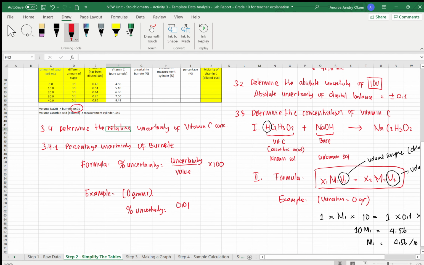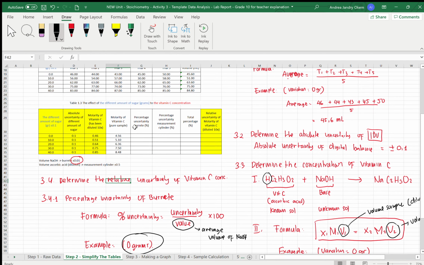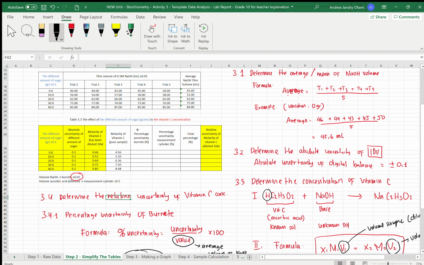So just write 0.01 divided by the value. The value belongs to the average volume of NaOH. In this case, we use the 0 grams variation. If we go up and take a look, this is 0 grams and this is the average.